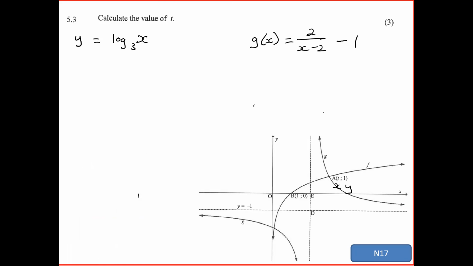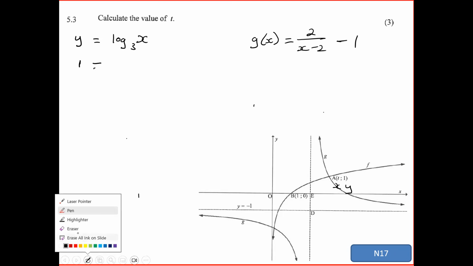Okay, so what we're saying is if point A is (t, 1), t is represented by x and y is represented by 1. So we're going to substitute that. We say 1 is equal to log t base 3.